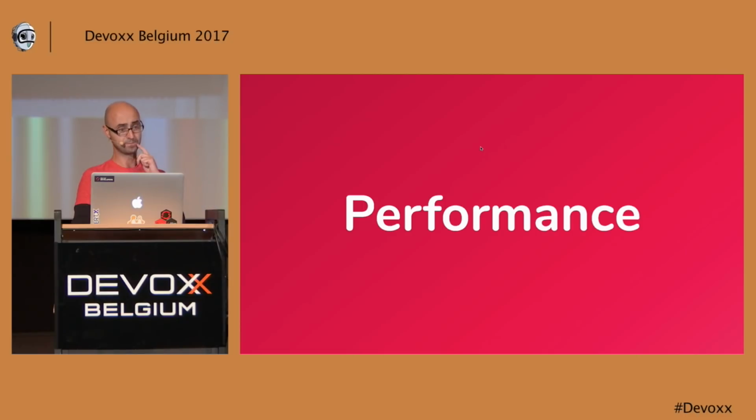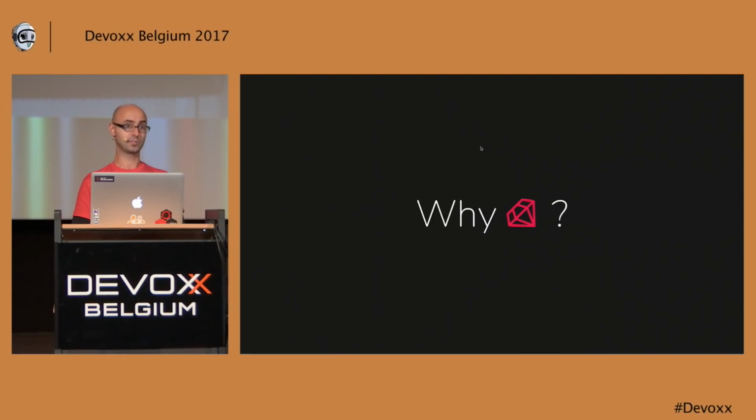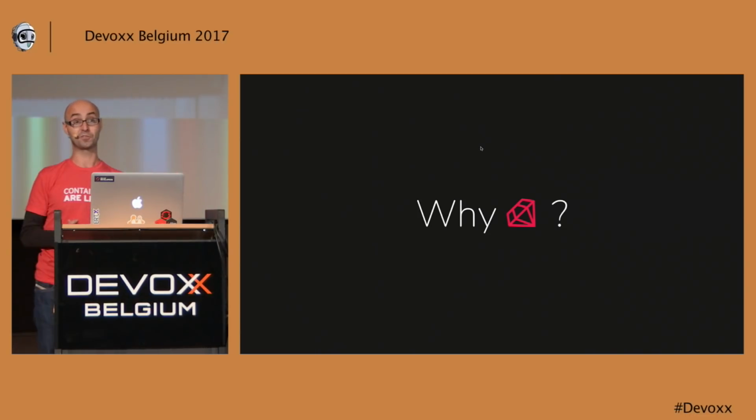As for performance, it is something we have always taken care of. And one of the questions that we get is why it's implemented in Ruby, because we know that Ruby is not the fastest language to use.